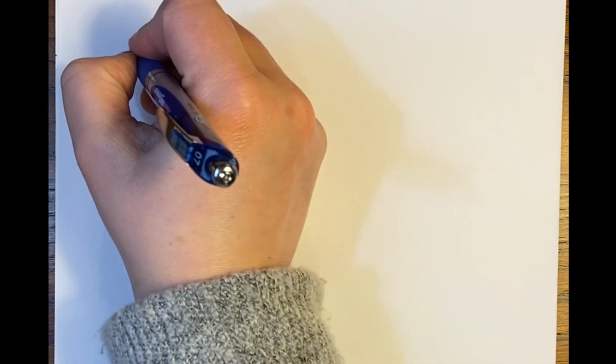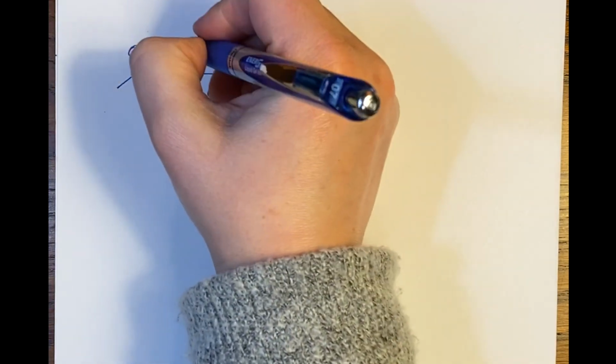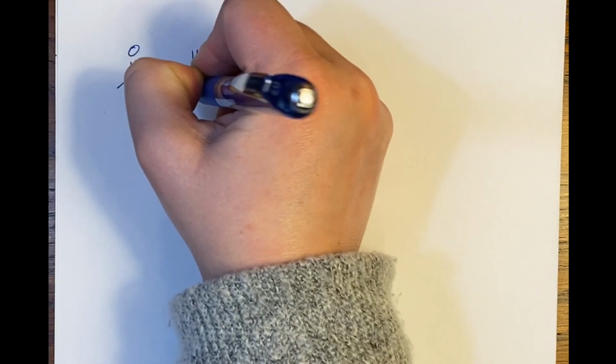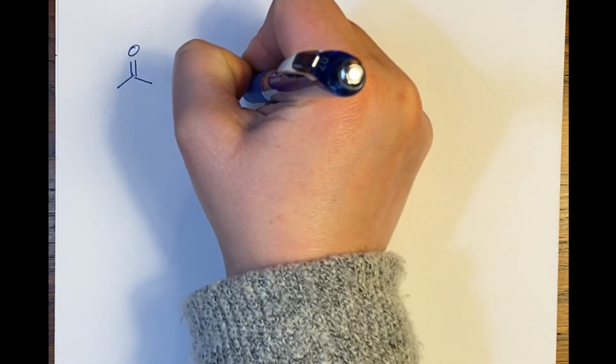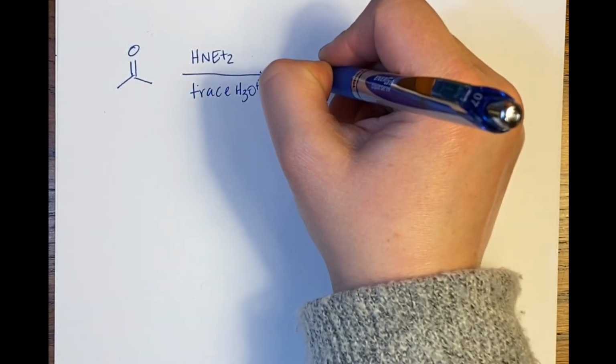I can also take a ketone like this one and treat it with a secondary amine and trace H3O+, so conditions that will allow me to form the following enamine.